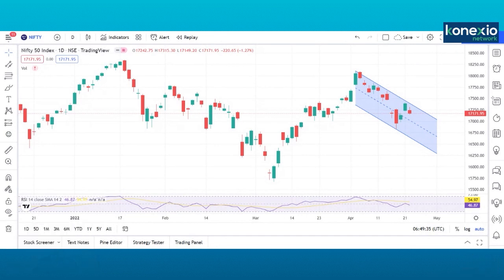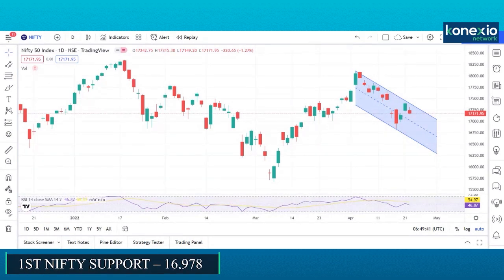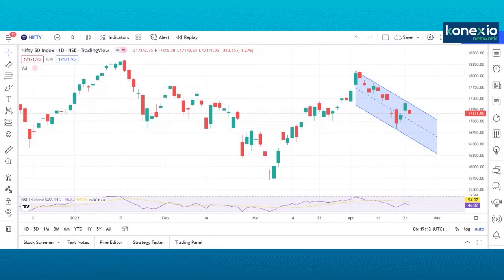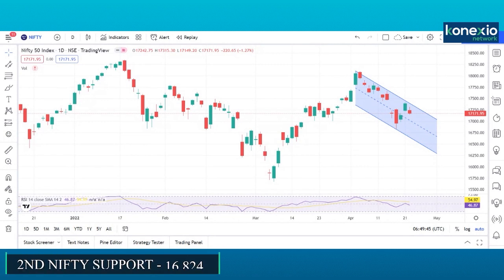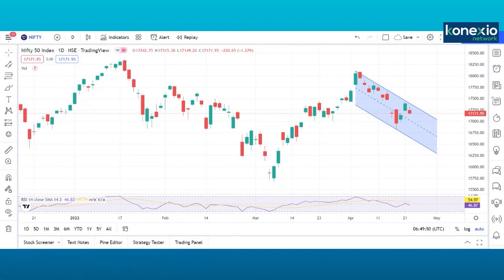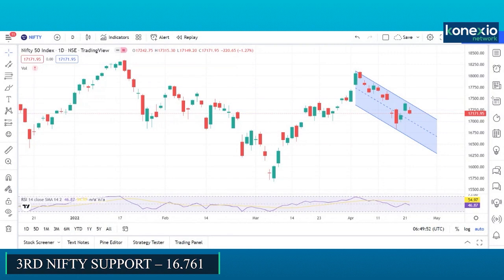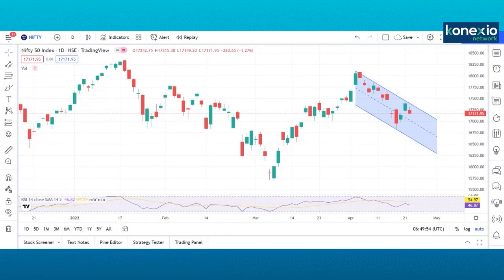For the next week, the important support in the Nifty is placed at 16,978 as the first support. Then the second support is placed at 16,824, and the third support is placed at 16,761. So these are the crucial supports for the Nifty for the next week.